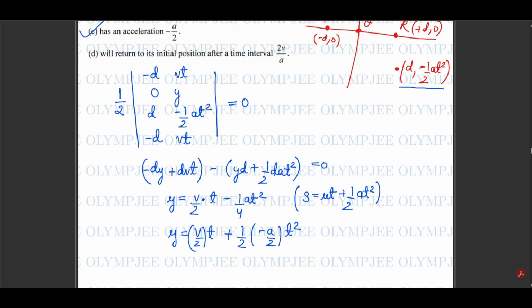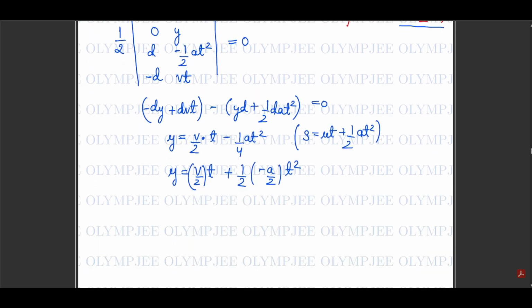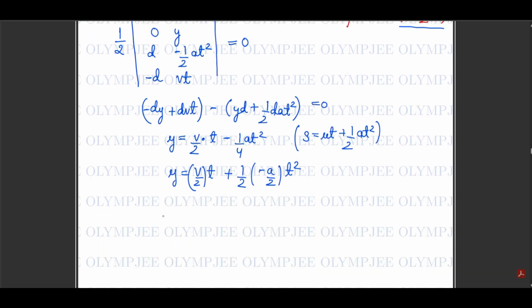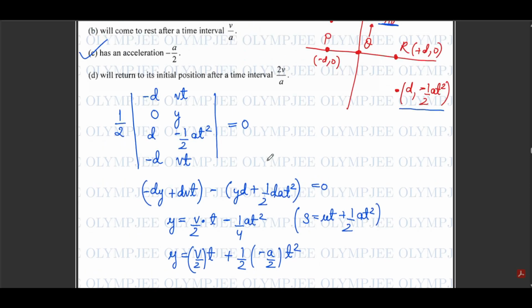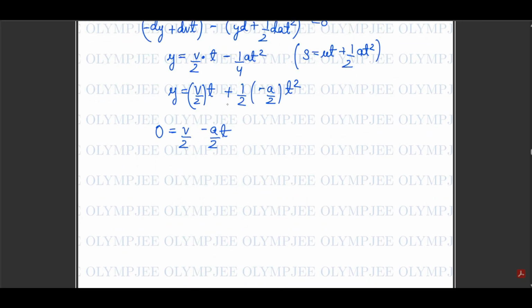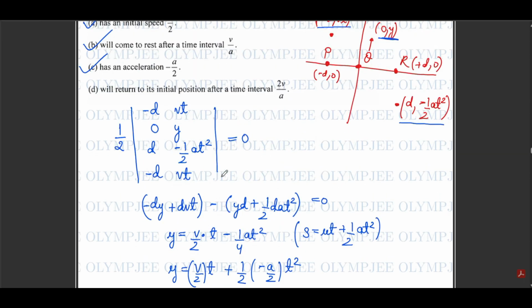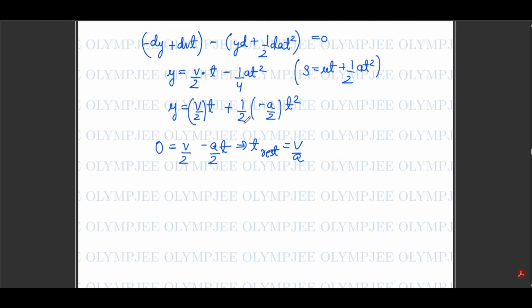So we need to find when it will come to rest. At rest the final velocity will be 0. So using v is equal to u plus at, we get time is equal to v by a. Then we need to find when it will return to its initial position.